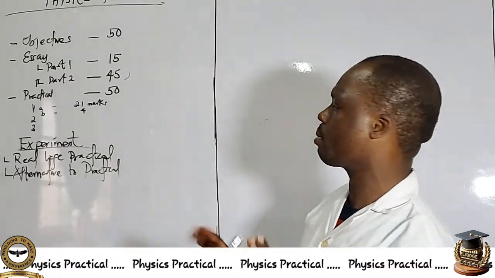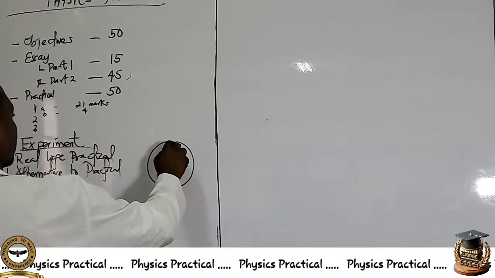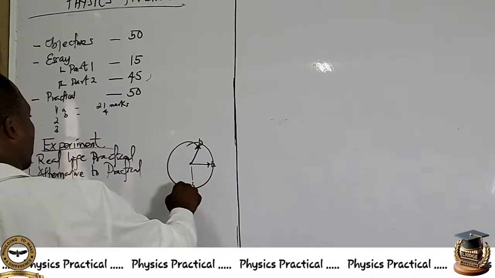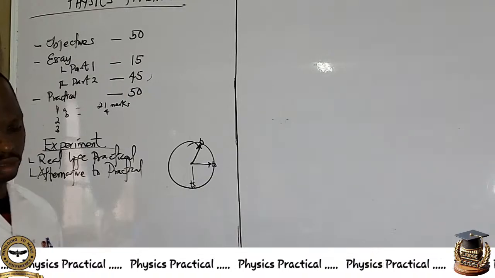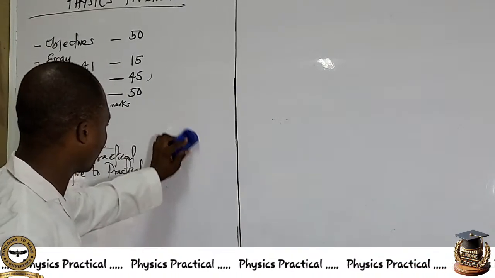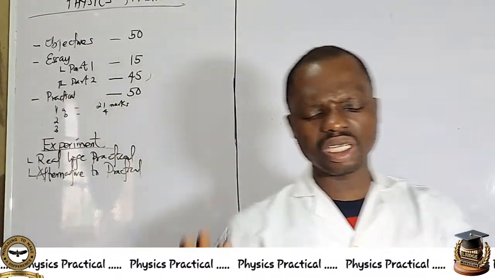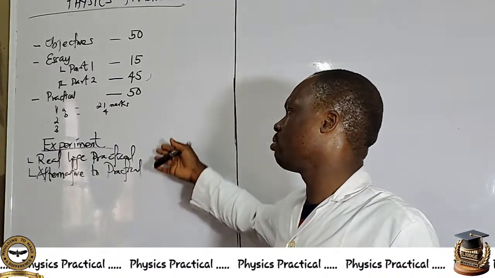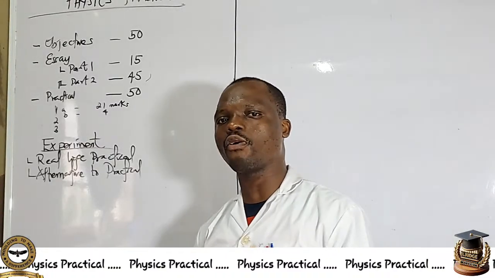But in alternative practical, a diagram may be given where the time T1 will be here, T2 will be here, T3 will be here. So you have to read the values of this time in the book you are given. So that's alternative practical. Another difference between the real life practical and the alternative practical is that in real life practical, the precautions are always in past tense form.